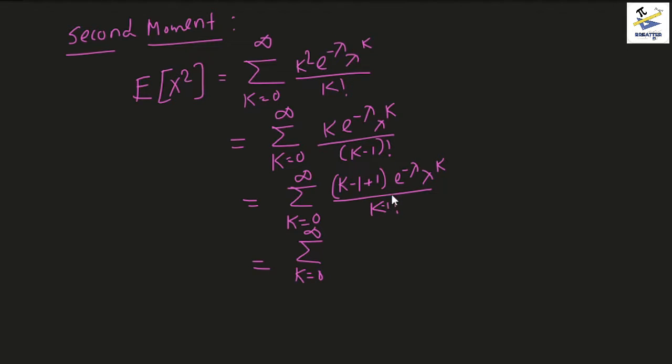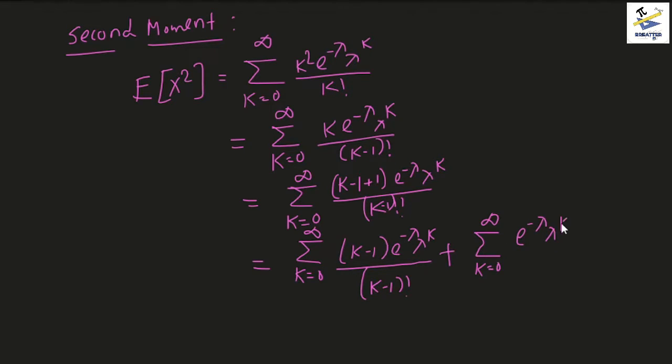This should be k minus 1 factorial, sorry. We find something like this: k minus 1 e to the power minus lambda, lambda to the power k divided by k minus 1 factorial, plus summation k equals 0 to infinity e to the power minus lambda, lambda to the power k by k minus 1 factorial.